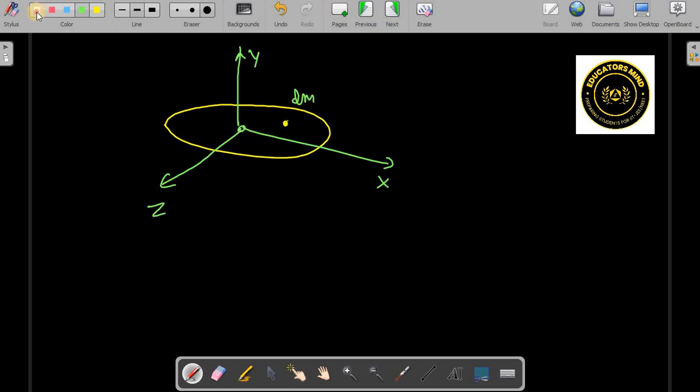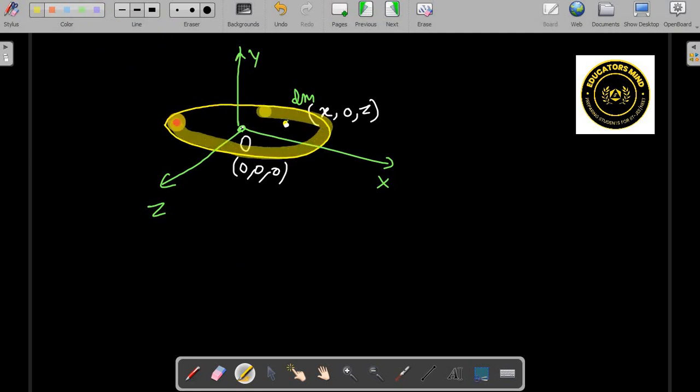So any point on this will have coordinates, and it is in the x and z, right? So it will have x coordinate as x, let us say. Y coordinate is going to be 0, z coordinate is z, let us say. Correct? So it will have some position. This is origin 0, 0, 0, right? And that's the disk. It's a circular disk.